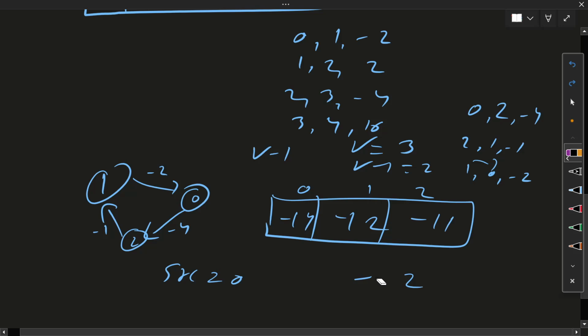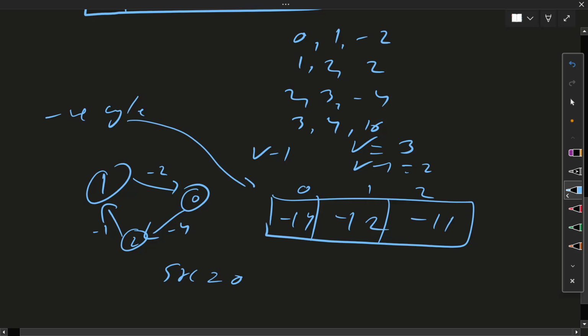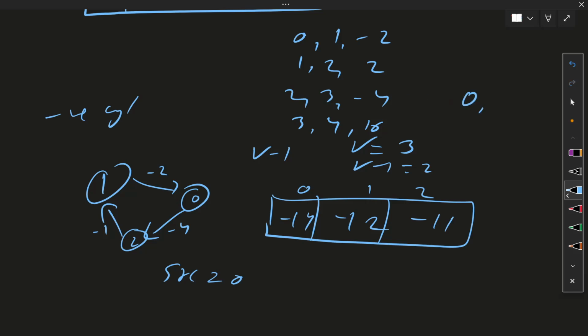If there's a regular graph, where a negative cycle is not there, it will give me the answer. But in this case a negative cycle is there, so how do we detect it? If I do this iteration one more time, we have 0 to 2 with minus 4, 2 to 1 with minus 1, 1 to 0 with minus 2.